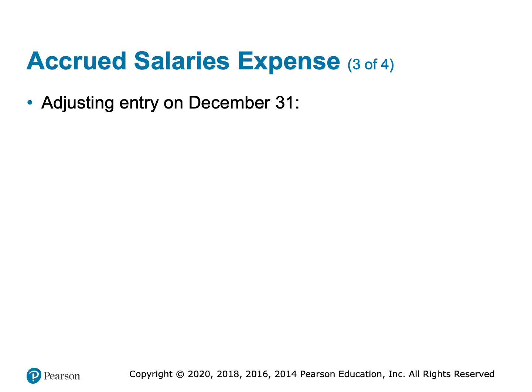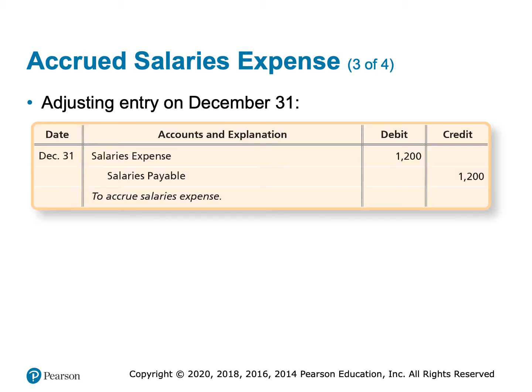On December 31st, I know that I owe my employees $1,200 for the second half of December, but I'm not going to pay them till tomorrow. So instead of crediting cash, I have to credit a liability to show that I owe them this money. I'm still going to debit salary expense for $1,200, but I credit the liability salaries payable.